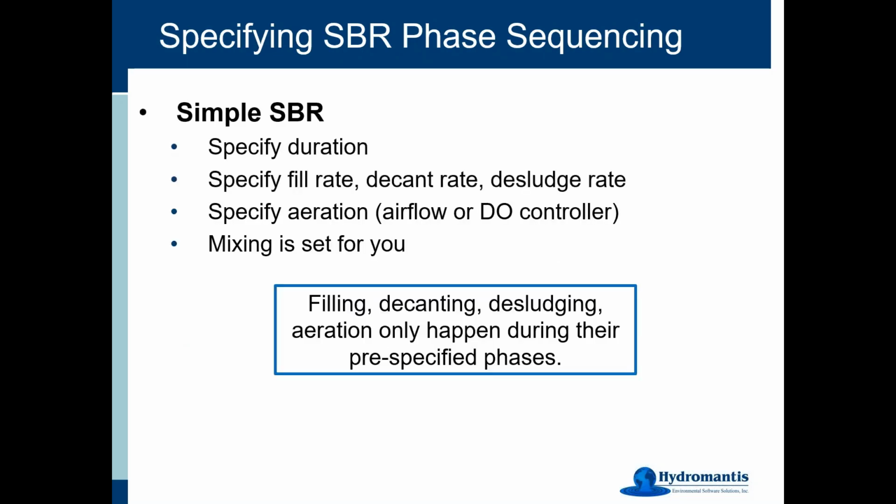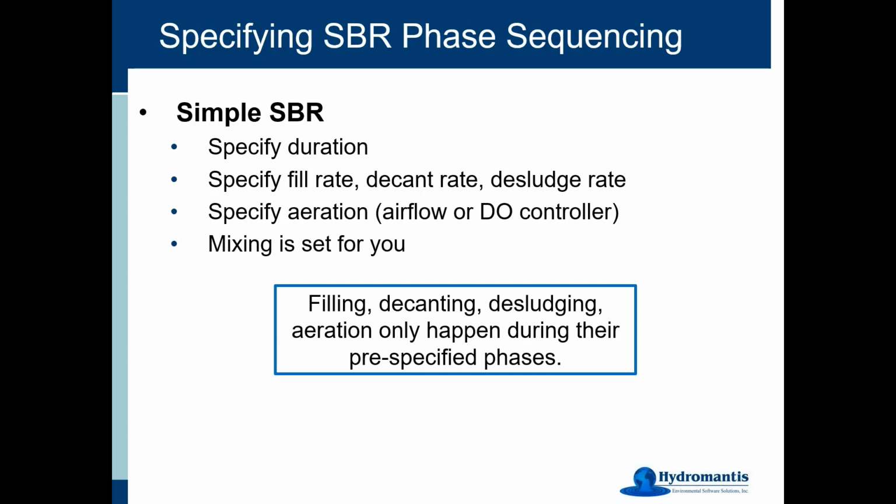Okay, so basically for that simple SBR, as I mentioned, the most important thing that you need to do is specify the duration of the phases that are there and have been specified for you in that given order. So you need to fill in how much it's going to fill when the filling is turned on, how much it's going to decant, how much it is going to desludge or waste, and then what's happening during the aeration, either the specified airflow that you might have or a DO controller.